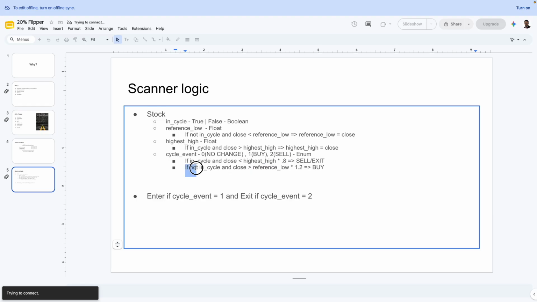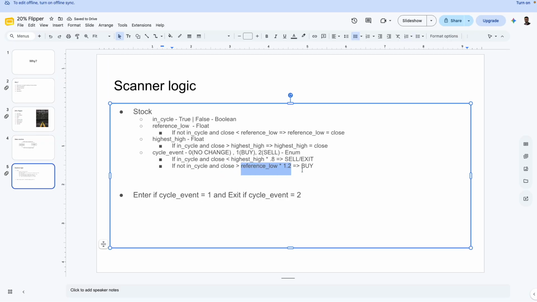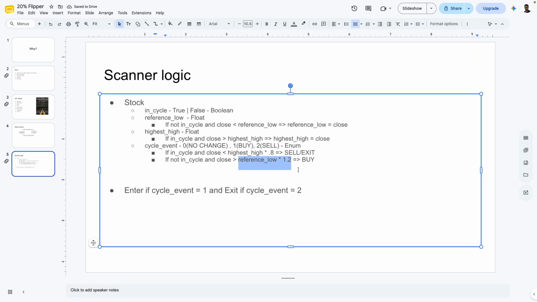And if the stock is not in cycle and the close is above 120%, that's 20% from the reference low, it's a buy signal. From the low, if it has gone above 20%, it's a buy signal. Whether I buy depends on whether I have open positions to fill.